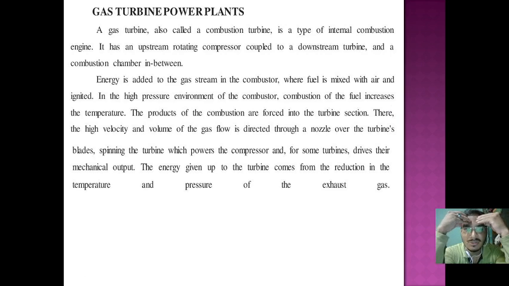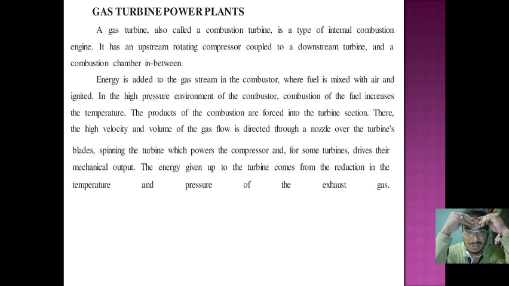Energy is added to the gas stream in the combustor, where the fuel is mixed with air and ignited at high pressure. First, the air fuel mixture is given to the cylinder. After that, with the help of an injector, we pass droplets of fuel into the cylinder. Compression takes place and burns the gas at high pressure.